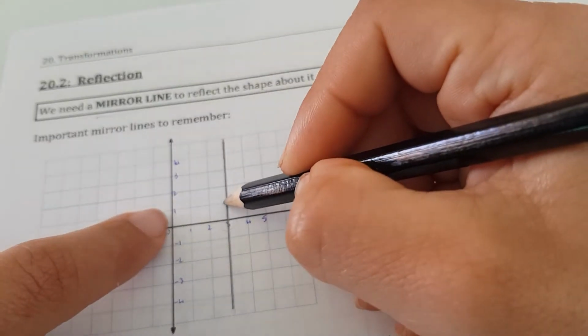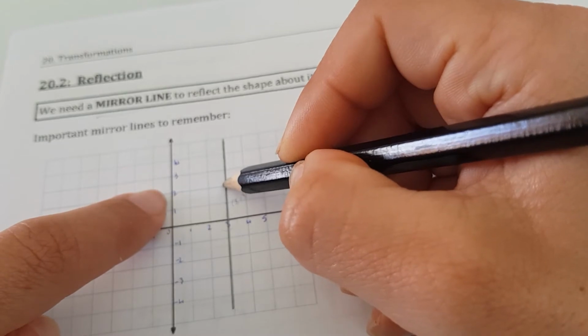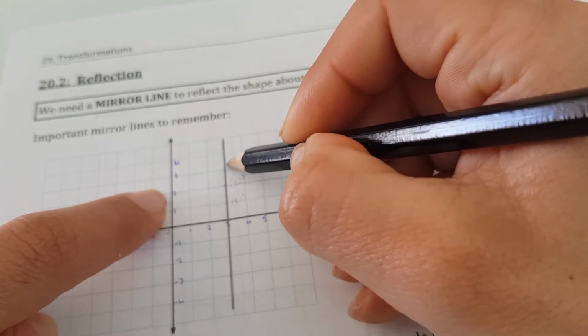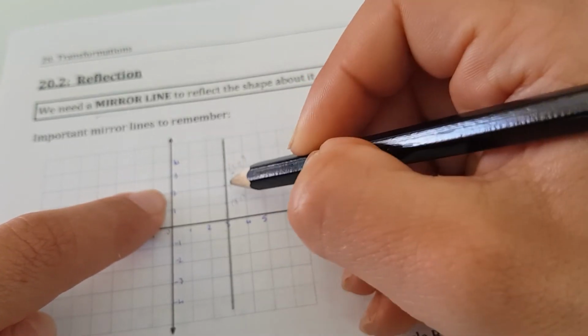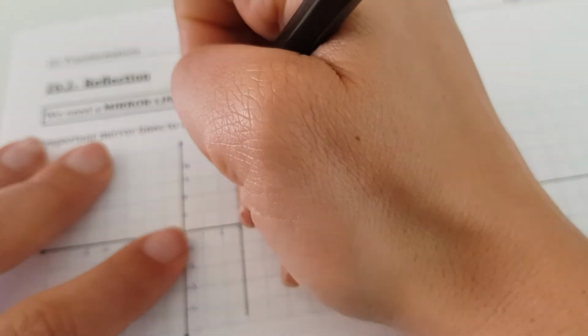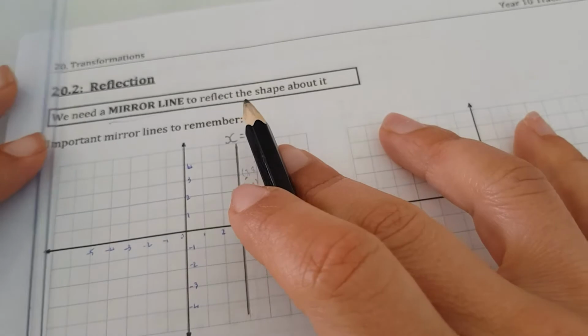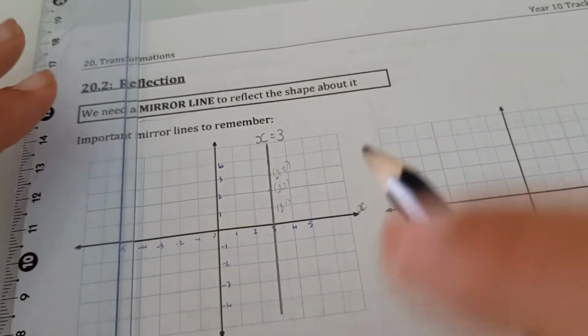If I had to take the coordinates of that one, that is 3, 1, 3, 2, 3, 3. The x coordinate is always 3. So that is called x equals 3. We mentioned this in the graphs topic previously.